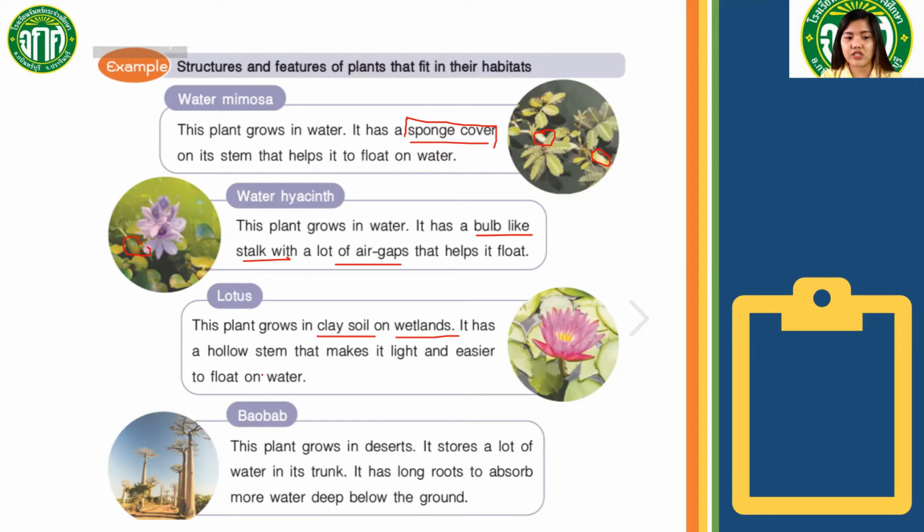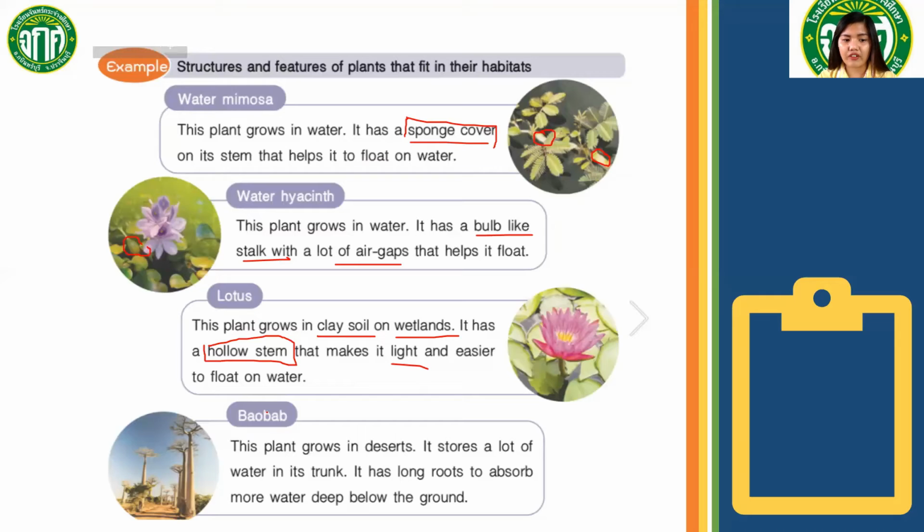So for the lotus to be able to survive in that environment, it has a hollow stem that makes it light and easier to float on the water. Okay, so that's how lotus survives in the clay soil and in wetlands.